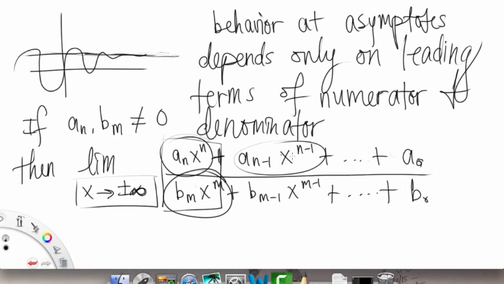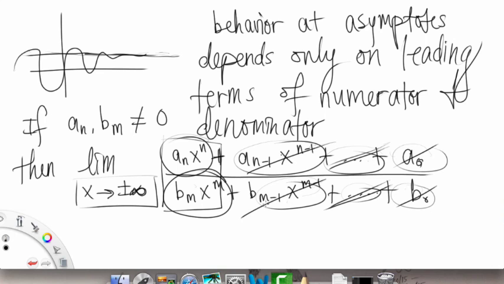The constants definitely go away as everything else goes to infinity. These middle terms are not big enough, and even this one would go away as well. We just ignore those. So what we have instead is just this leading term, pulled out.